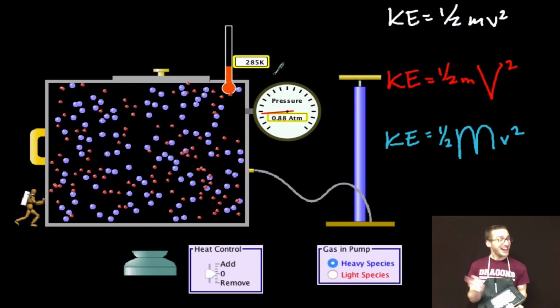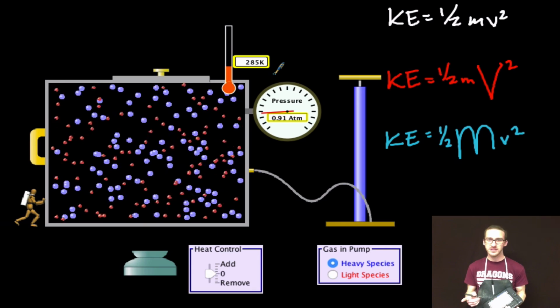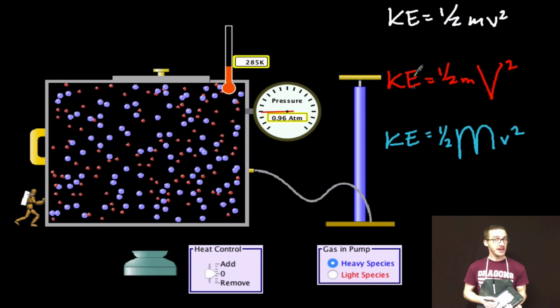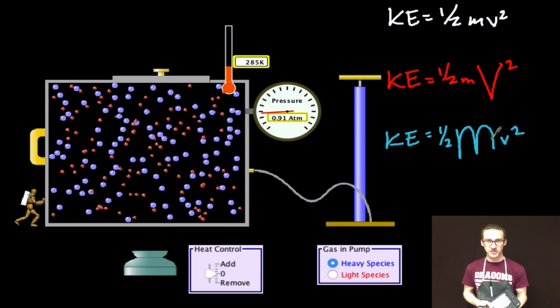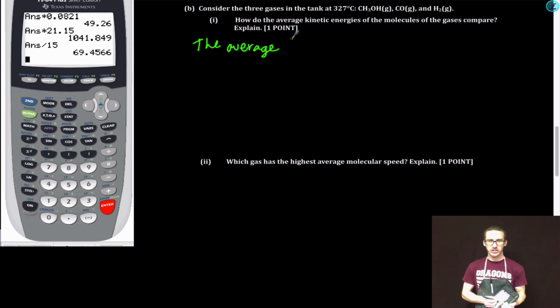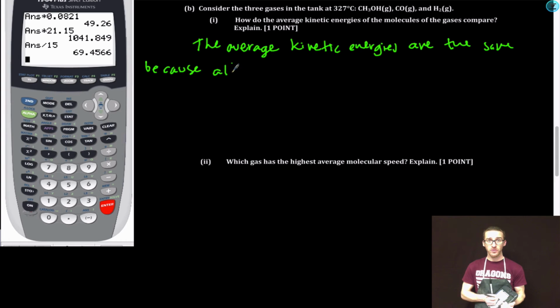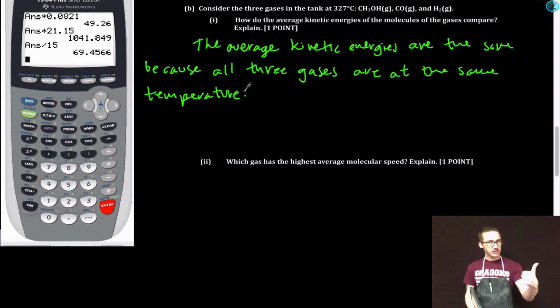But that does not necessarily mean that they have the same velocity, because kinetic energy is dependent on both mass and velocity. The average kinetic energies are the same because all three gases are at the same temperature. Boom. Same average kinetic energy because we're at the same temperature.